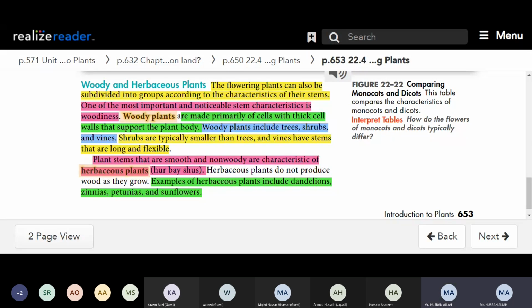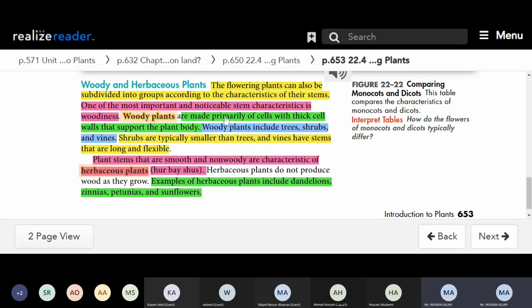Take the rose. If you look at the base of the rose, it has wood. One of the most important and noticeable stem characteristics is woodiness.